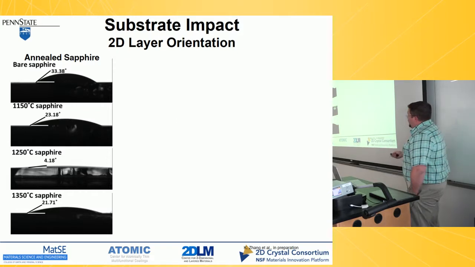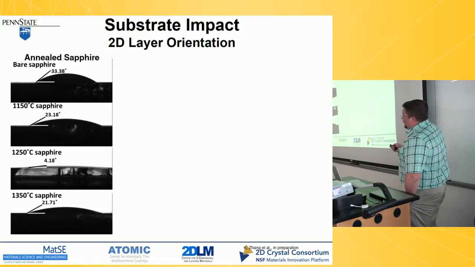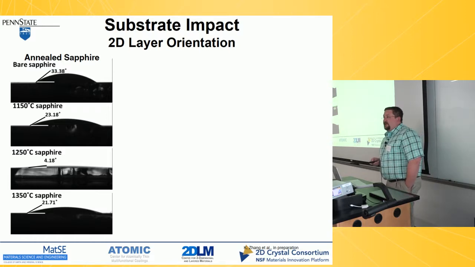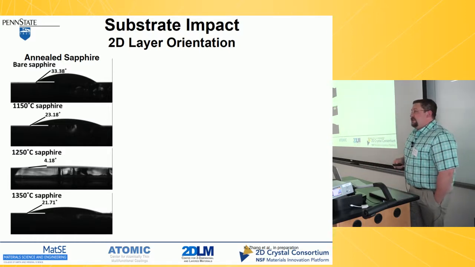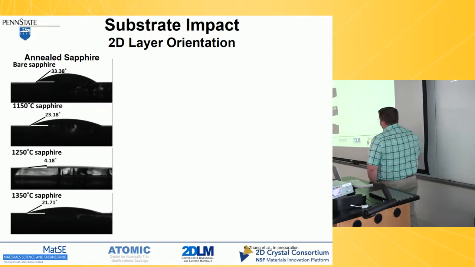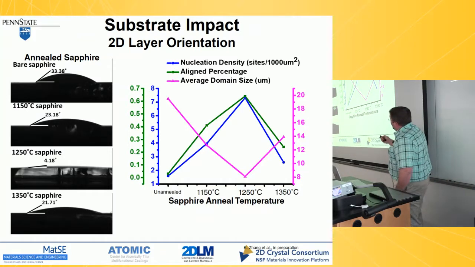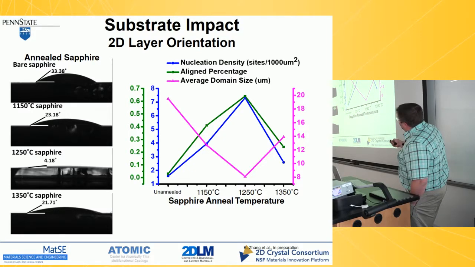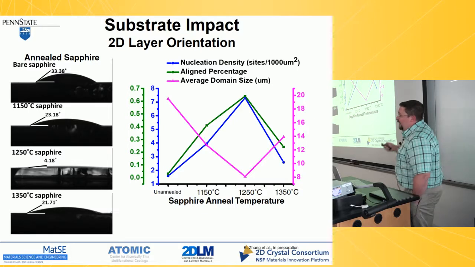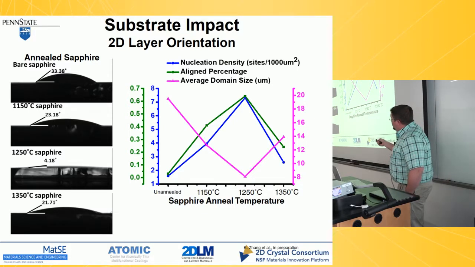You can see here at 1250C, it dramatically decreases in the angle, telling us that we've now done something to significantly increase the surface energy of that sapphire substrate. And if we plot nucleation density, alignment percentage, average domain size, as a function of unannealed all the way to this higher anneal, what we see is the nucleation density and the alignment percentage goes way up as we reduce our contact angle.